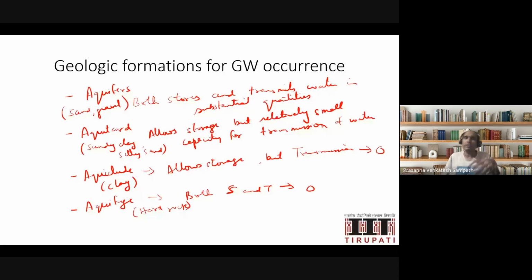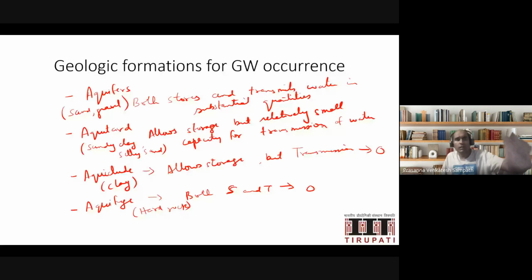If you're in a place where there's a lot of water available, even if I have a slightly lower transmission capacity, you will think of it as an aquitard. But if I'm in a place where there's a hard rock aquifer, even clay will not look so bad, because it's all with respect to the context of that particular location. So just keep that in mind.